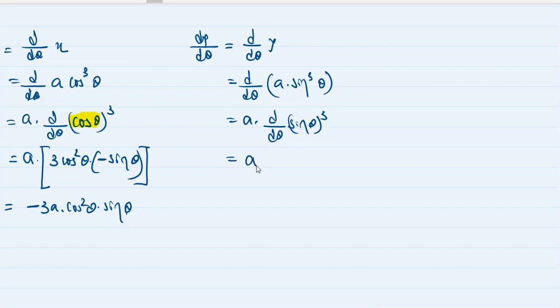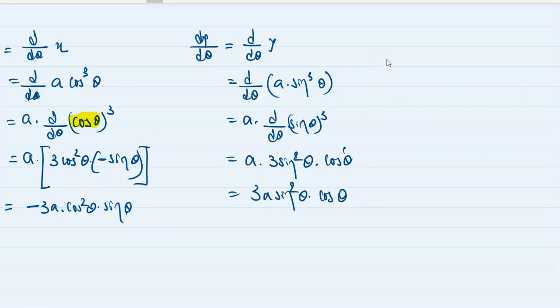We'll consider sine theta as the variable, and this will become 3 sine square theta. So a multiplied by 3 sine square theta multiplied by d by d theta of sine theta, which is cos theta. So we get 3a sine square theta into cos theta.